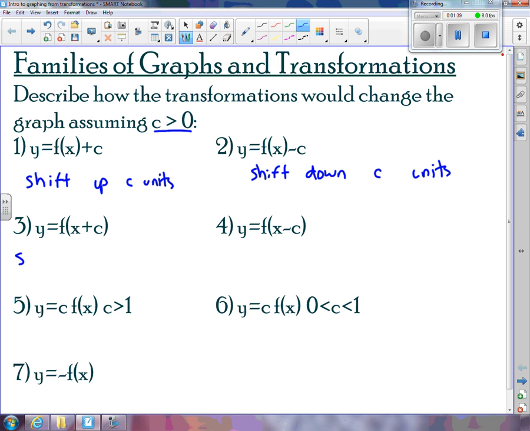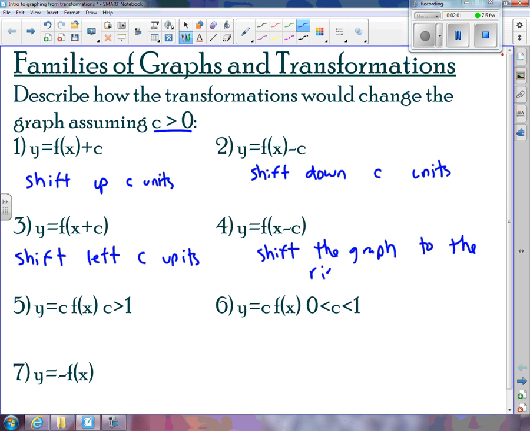So this would shift to the left c units. And now if I were to subtract c, it would be the other way. I would shift the graph to the right C units.